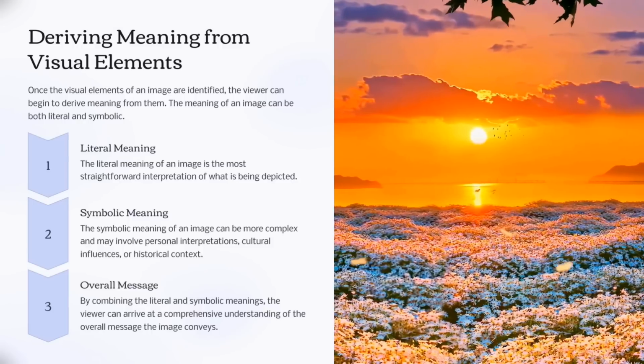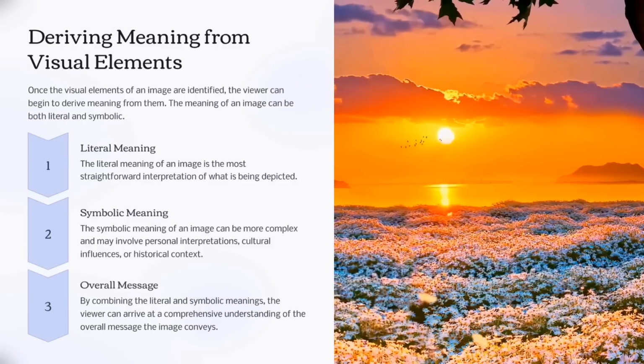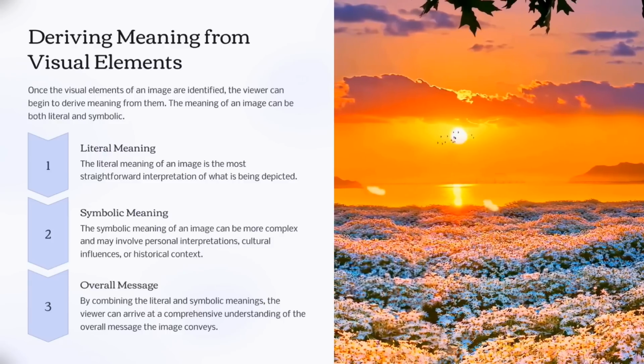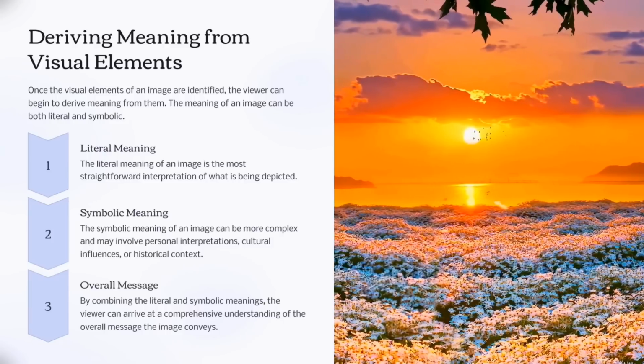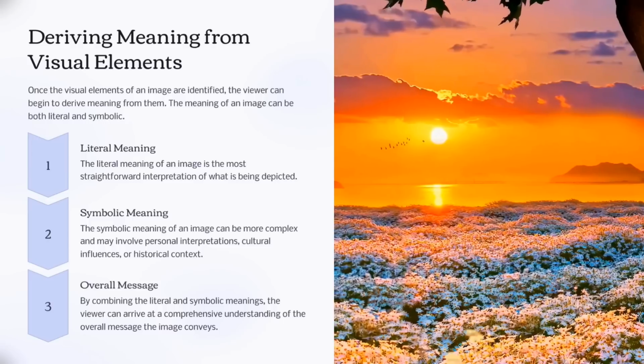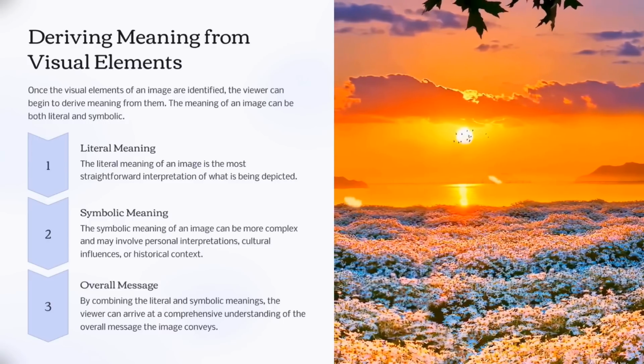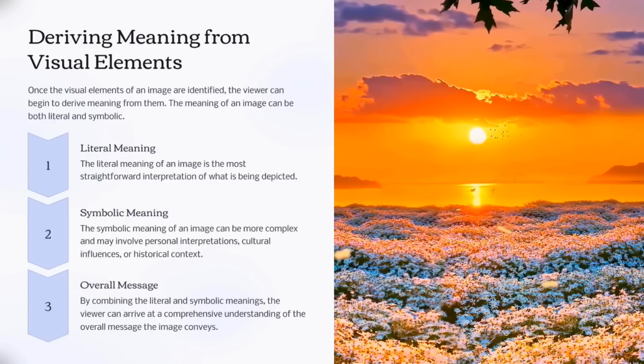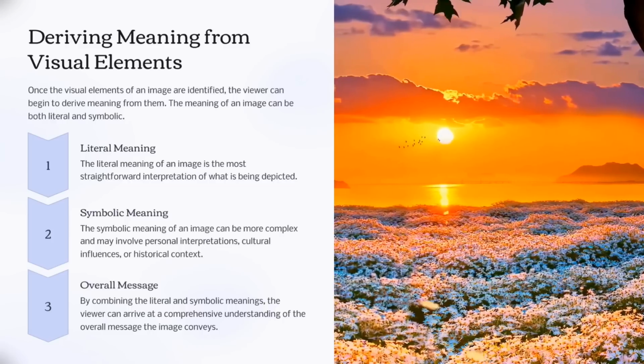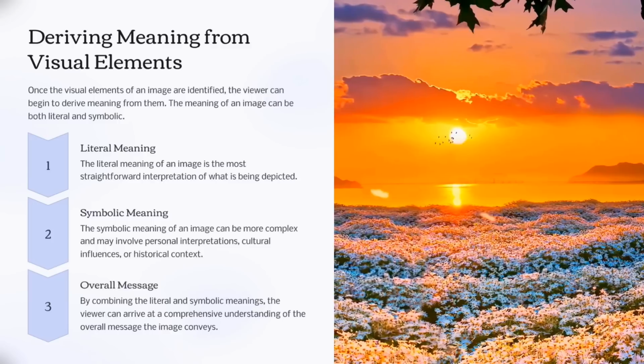When we say literal meaning, the literal meaning of an image is the most straightforward interpretation of what is being depicted. So for example, when we see this picture, so when we say literal meaning, so we can see flowers, we can see clouds, orange sky, so papalubog na yung araw.